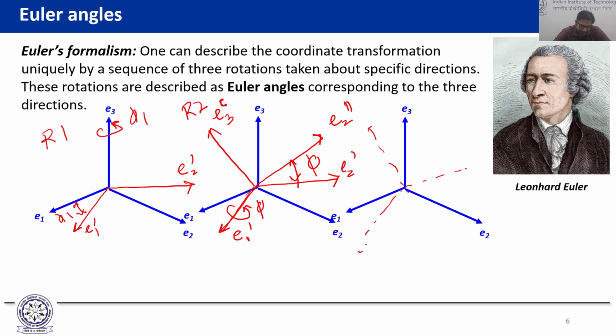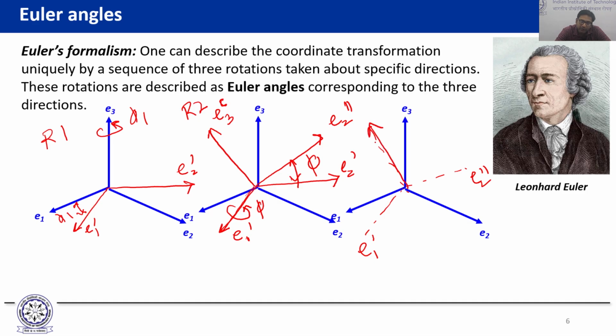This dashed line corresponds to E1 prime, and this dashed line corresponds to E2 double prime. Now we have rotated about the E3 axis, then about the E1 axis. Now we will go ahead and rotate about the E3 axis.